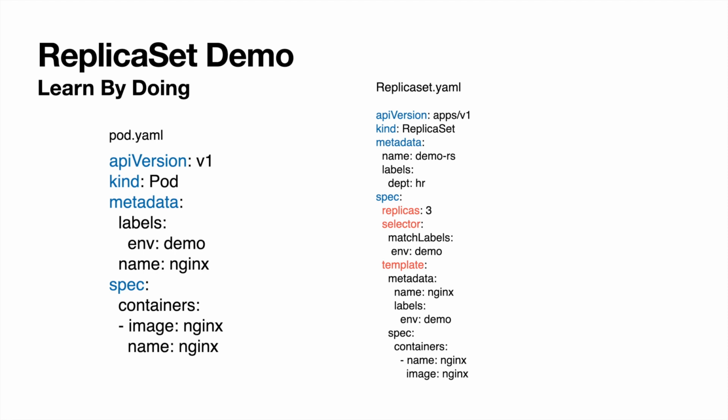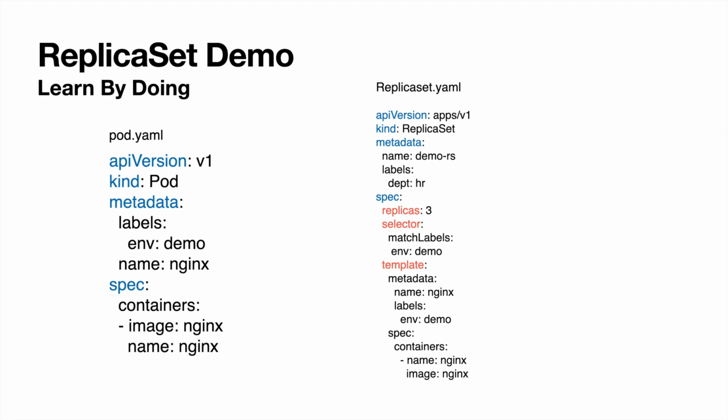So let's look at how the replica set YAML file looks. As I said, most Kubernetes object YAML files will have these sections: API version, kind, metadata, and spec. On the right side you can see Replicaset.yaml, and on the left side it is pod.yaml. Pod.yaml we already looked at. Now let's look at Replicaset.yaml.